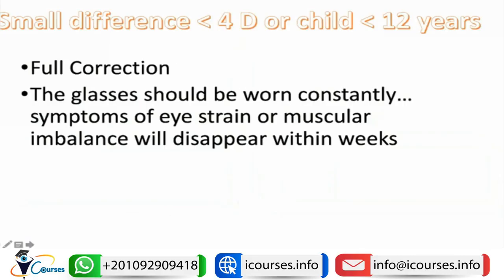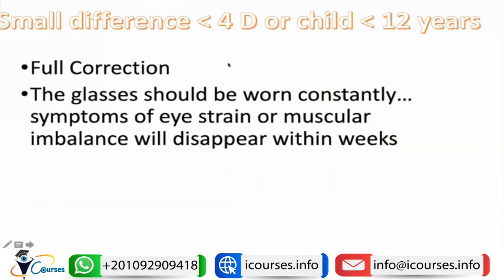Children have what is called visual plasticity, meaning that their visual system and its maturation are very flexible. So they can adapt and compensate for refractive error more easily than adults. If a child has a refractive error, they usually do well with full correction.